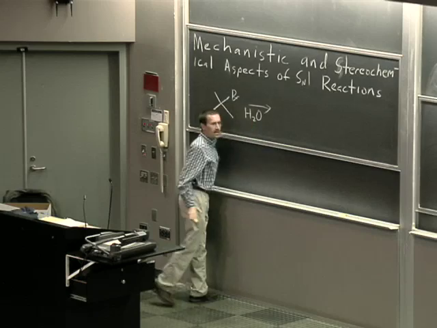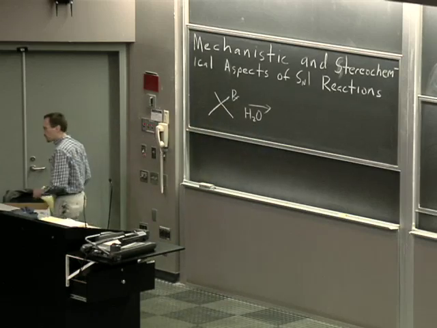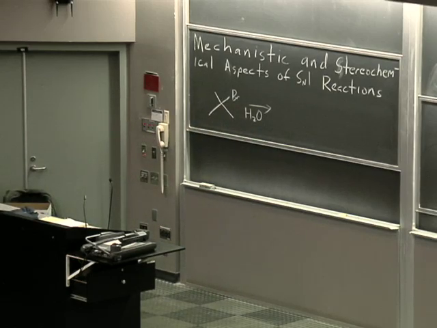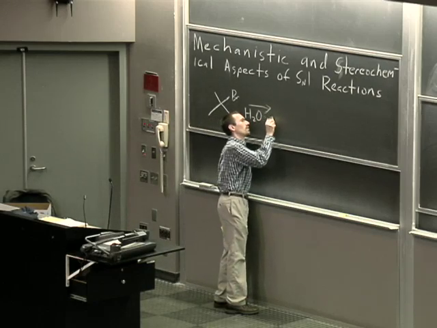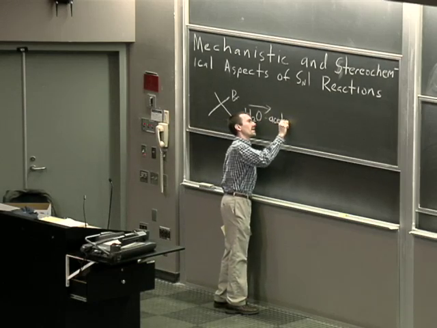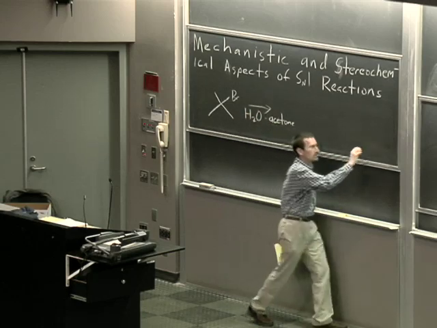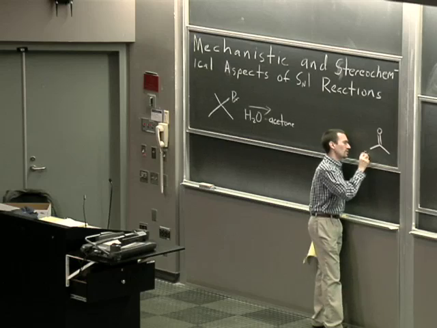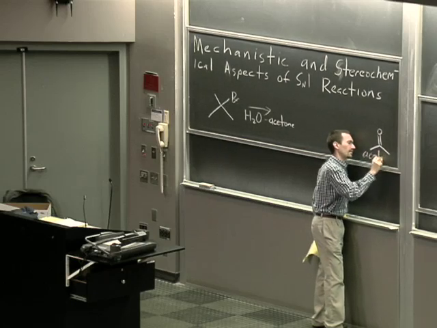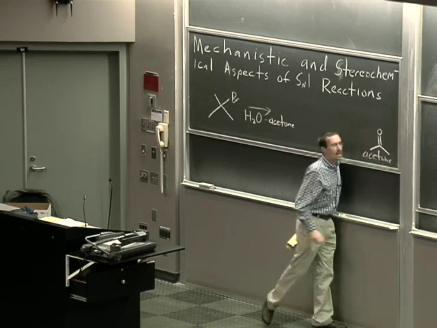Like so many organic compounds, they don't dissolve very well in pure water. So we're going to add a co-solvent that mixes with water, and that co-solvent is acetone. We talked a little bit about acetone when we talked about ketones and functional groups, nail polish remover.